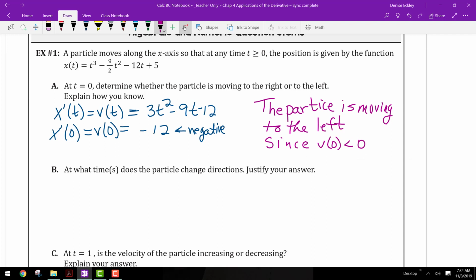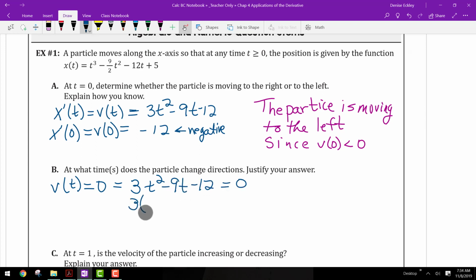Okay, part B. At what time or times does the particle change directions? Justify your answer. So what we want to find is, when is v of t equal to 0? So we're going to set the derivative equal to 0 and solve.